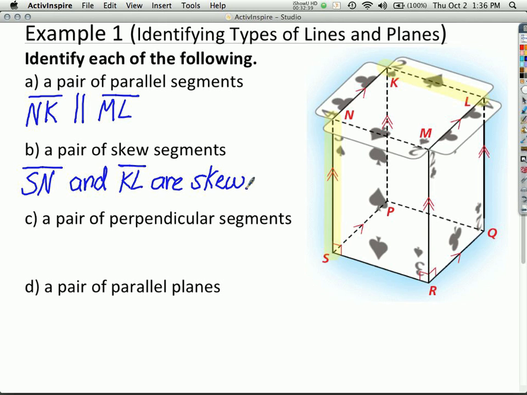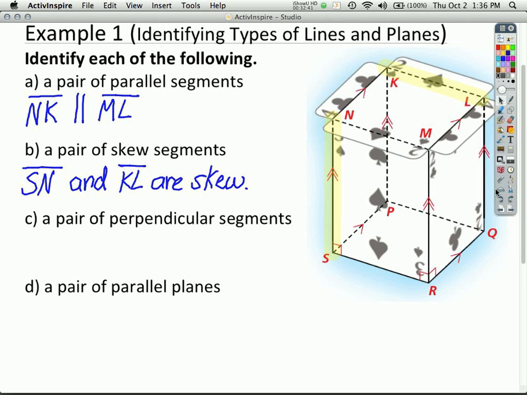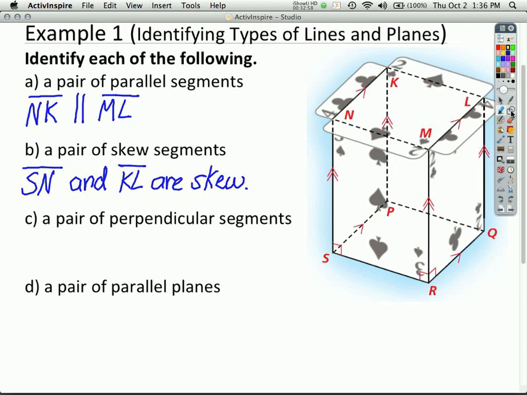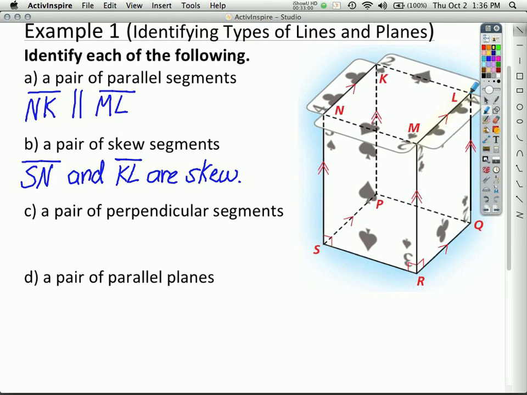Okay? Good. And give me another pair of skew. Another pair. Nathaniel? Segment ML and PS. Hold on, let me get rid of this. Segment ML and PS, unfortunately, are not skew because they are parallel.